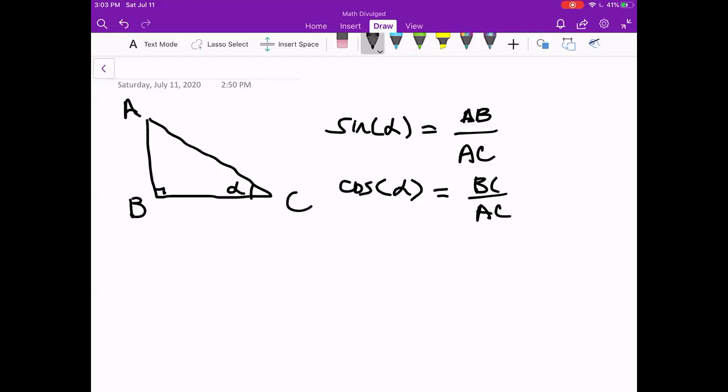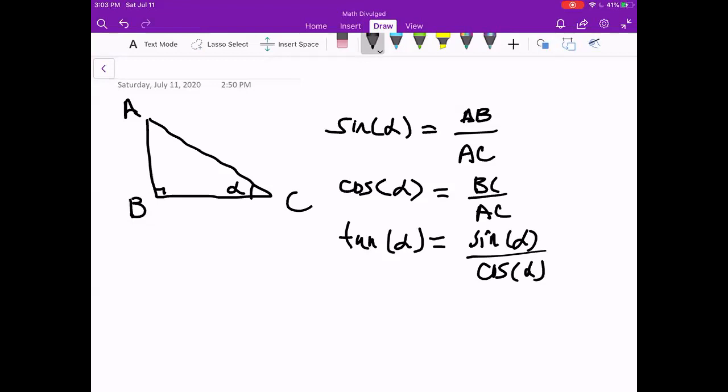And finally, we have tangent. Tangent is the function equal to sine divided by cosine: sine of alpha divided by cosine of alpha.